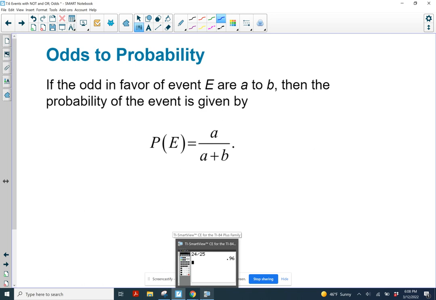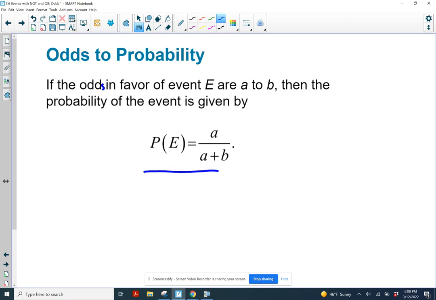If we want to change odds to probability, if the odds in favor of event E are A to B, then the probability of the event is given by this formula. So like we said earlier, if we had odds of 2 to 3 that my team wins, that would mean the probability is 2/5, 2 out of 5 times they played, basically, right?